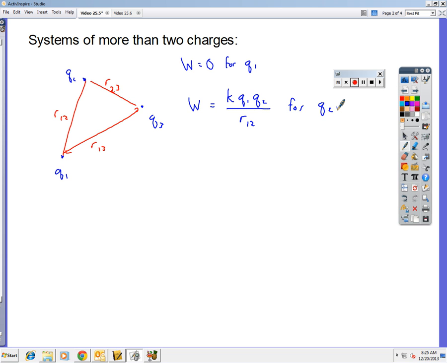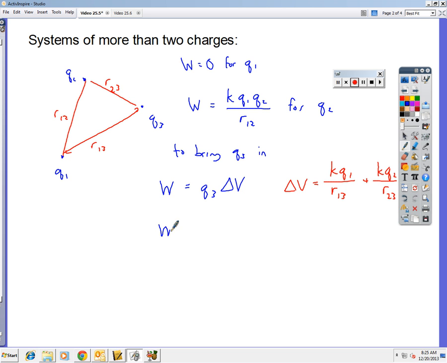But now let's see what happens when we add a third charge. If we're bringing Q3 in, the work that we have to do is equal to Q3 times the change in potential. But that change in potential is now due to both Q1 and Q2. So delta V is equal to kQ1 over r13, the distance to Q1, plus kQ2 over r23, the distance to Q2.